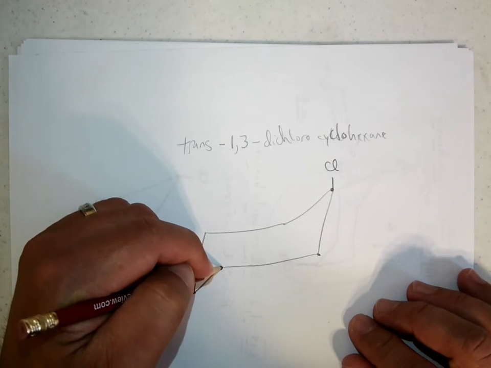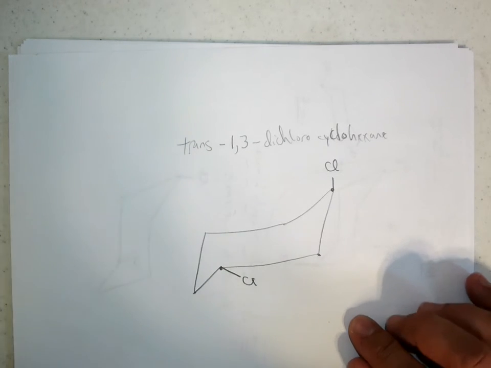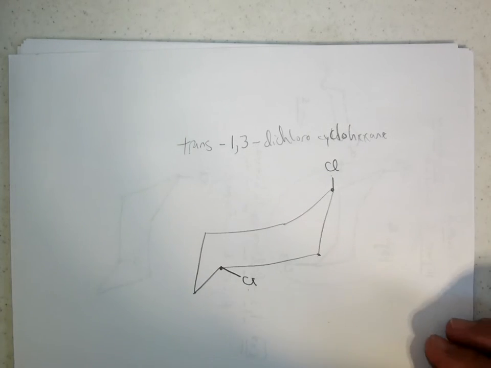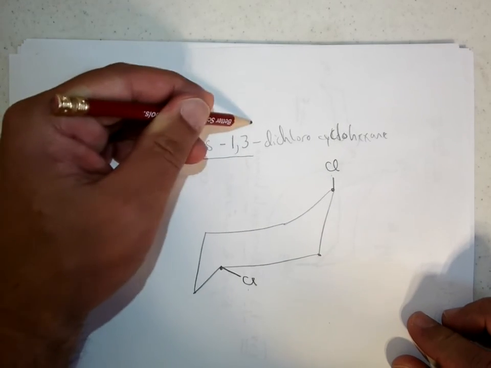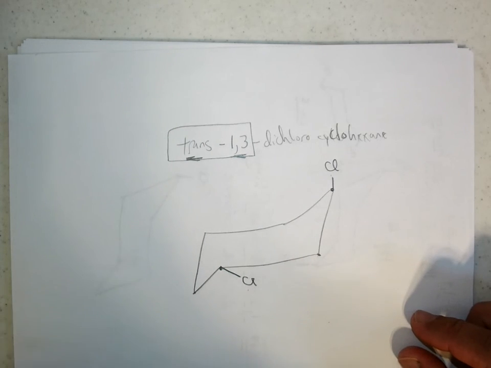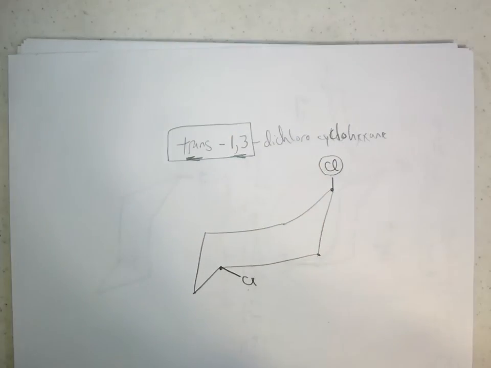If we're going to be trans, this has to be below the ring, so that's going to put it in an equatorial position. So in this case, the highest energy conformer is going to have one axial and one equatorial. We can't put them both axial in keeping with the constitutional and geometric isomerism of this molecule. So sometimes the highest energy conformer only has one axial and not two axial.